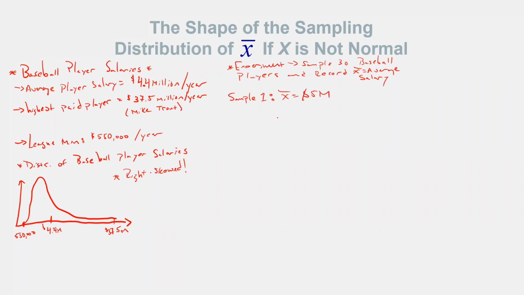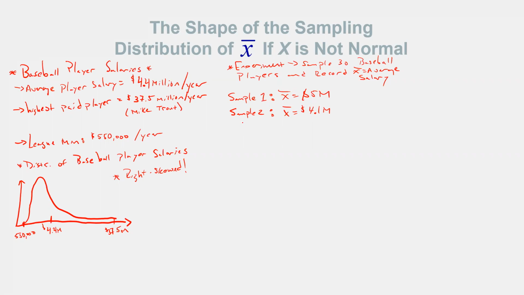Is that a little bit different than the actual mean? When I sampled 30 players, I got a sample mean of 5 million, which is a little bit higher than the population mean of 4.4. If I do this again, sample another 30 baseball players, sample 2, X bar is 4.1 million.